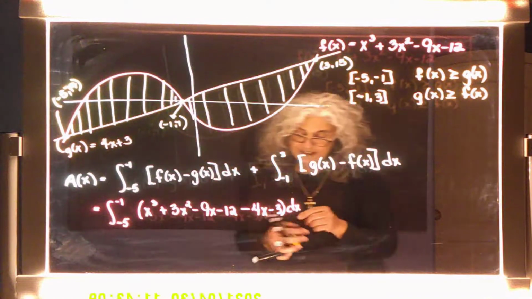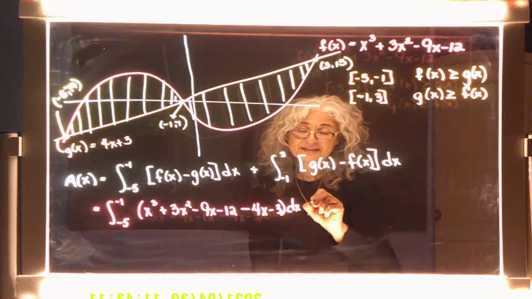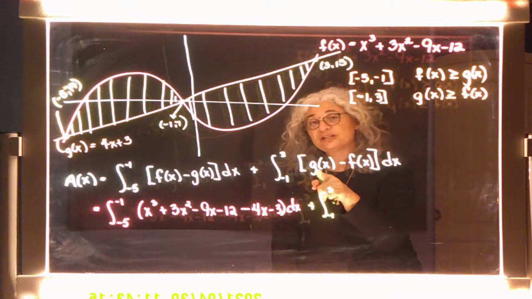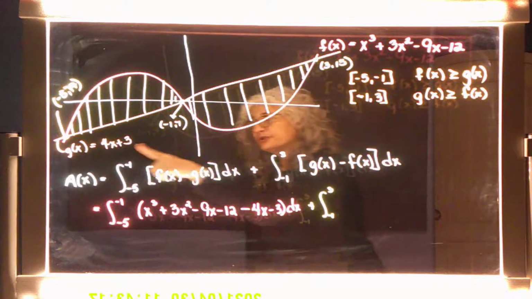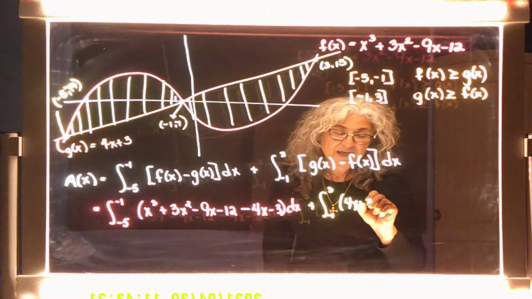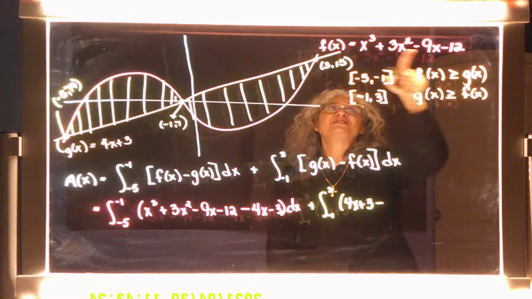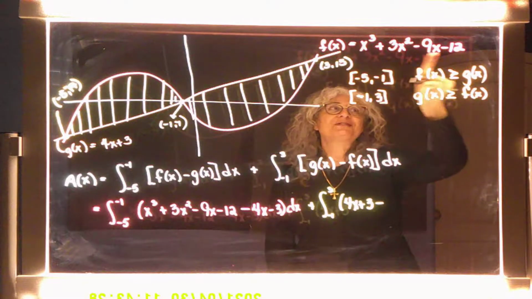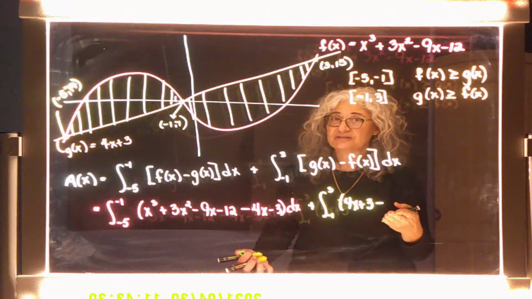Okay. Now, the second integral is from -1 to 3, and the g of x is coming first on that one. So now we have 4x plus 3, and we're going to be subtracting f of x. So when we subtract f of x, won't all the signs of f of x change?